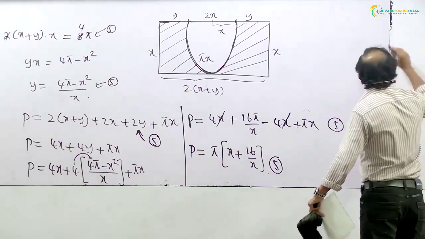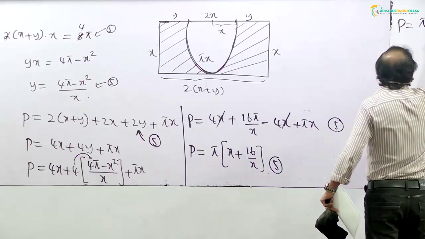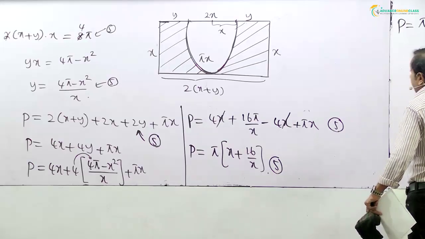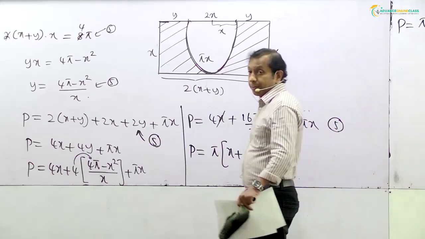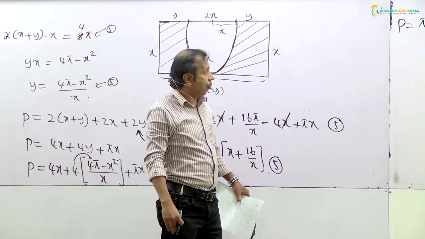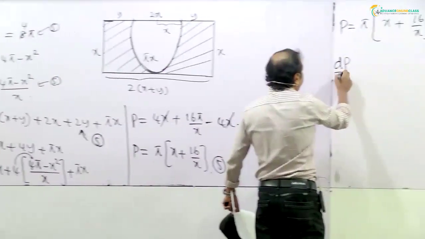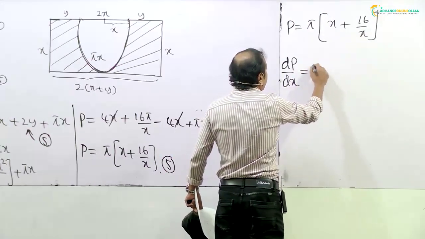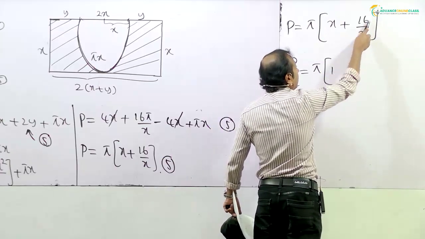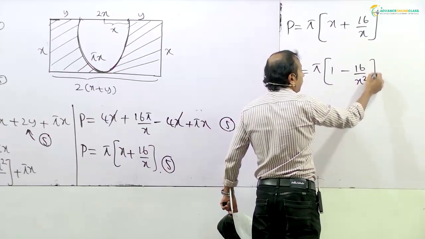P equals π times (x plus 16 over x). Right. Next day, when you come to the class, bring the paper. Right. dP over dx here: π. Differentiate this x inverse. How to differentiate this? First take x numerator, x power minus 1. Bring minus 1 before. This we get, no?